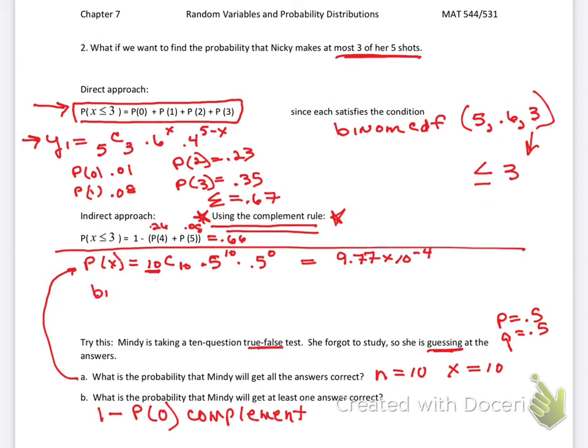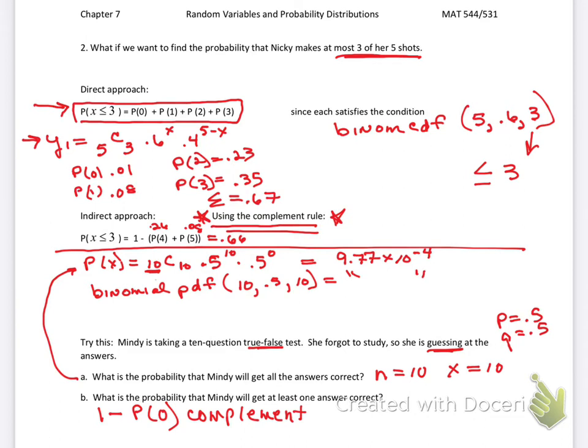So we're going to use Binomial PDF, and our numbers will be 10, 0.5, comma 10. That's how we're placing it in. And when you do that, you get the exact same thing.